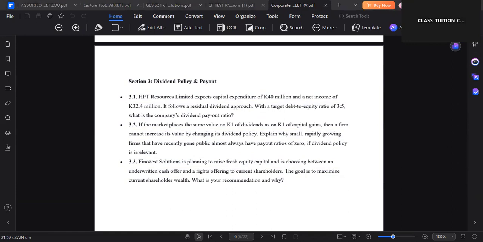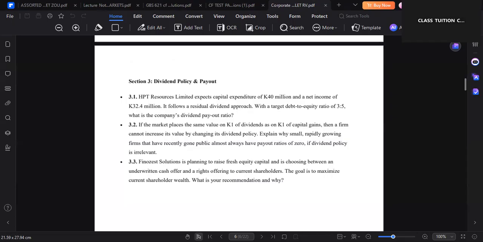Okay, so we are told that HPT has a capital expenditure of 40 million and a net income of 32.4 million. It follows a residual approach with a debt to equity ratio of 3 to 5. What is the company's dividend payout?